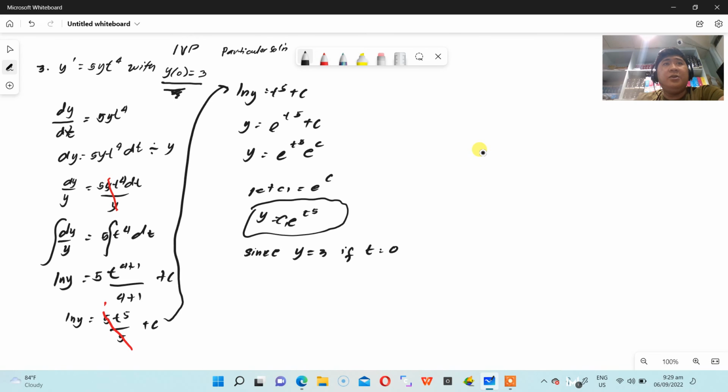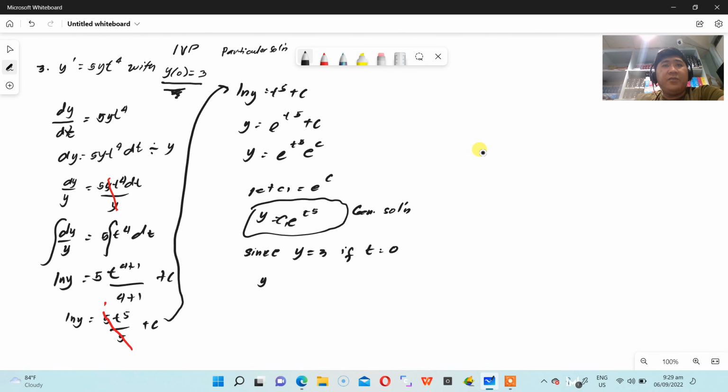If your t is 0, your y will be equal to 3. That's the meaning of this, okay? Or it is also equal to this. It's the same. So from here, we just substitute the value of y and t in the given general solution. This is your general solution.